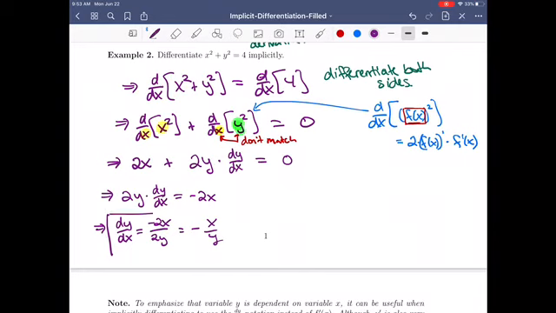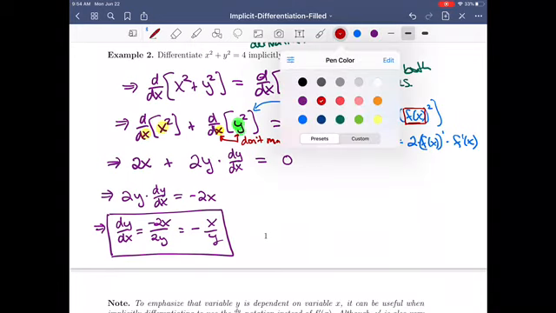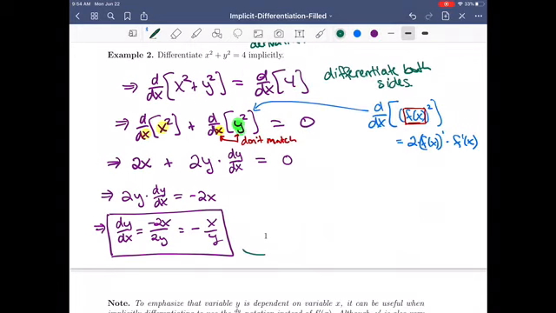So that is my derivative for all points. This derivative works for all points on the circle, so I don't need two different equations. This one will work for all of them.